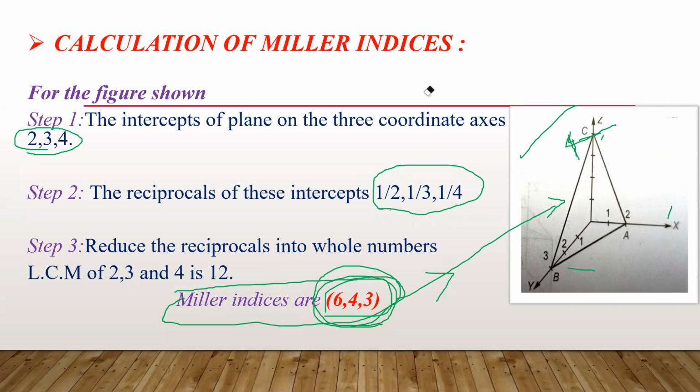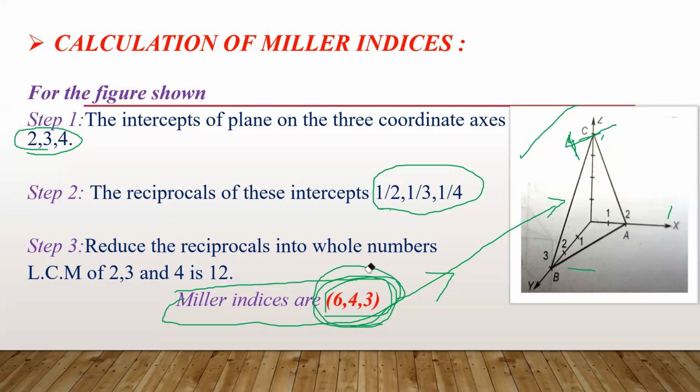Now, I ask you to draw the plane. Then what will you do? First, you take the Miller indices 6, 4, 3. You take the LCM and then you do the reciprocation.